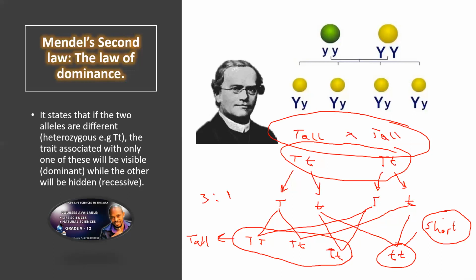So Mendel asked himself the question, or it would have sounded that the first time that the parents were crossed, when we still had the pure breeds, you would have felt as if the trait for shortness had totally disappeared or was non-existent.